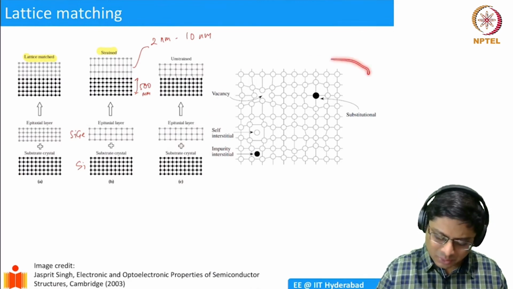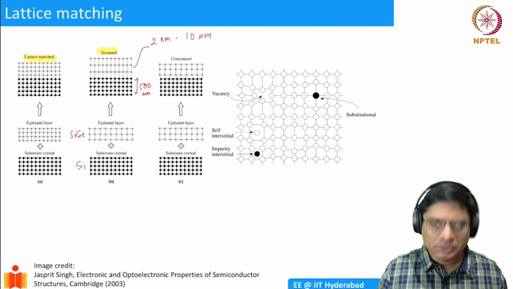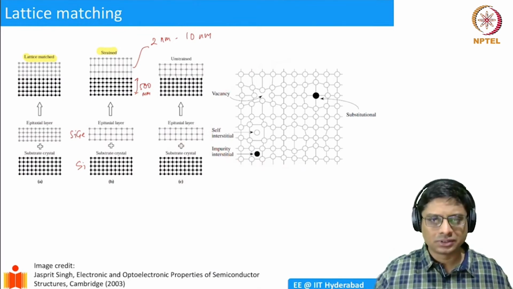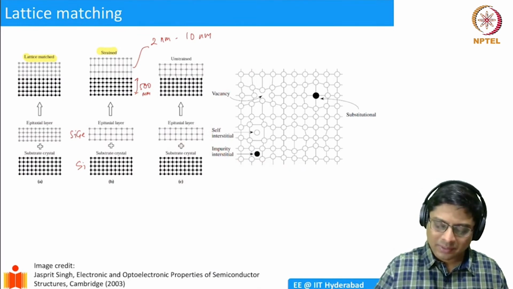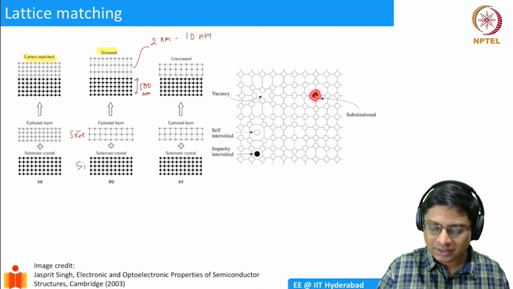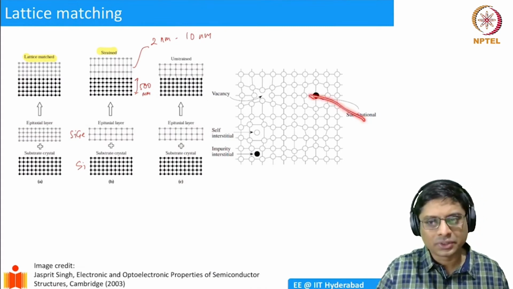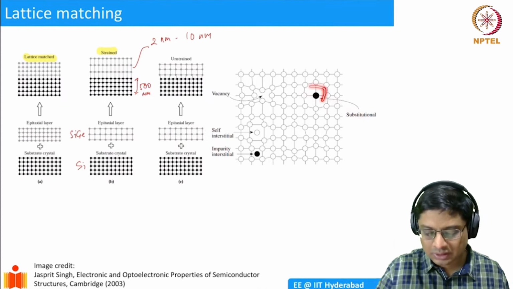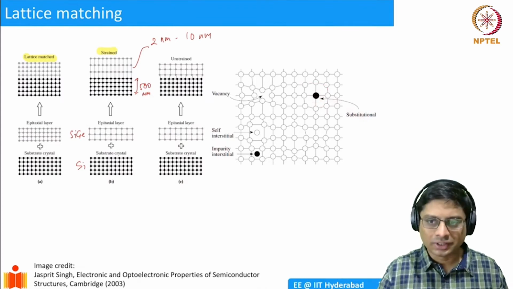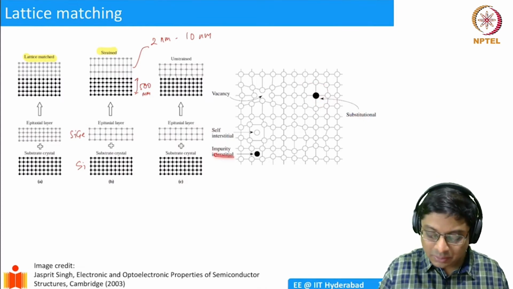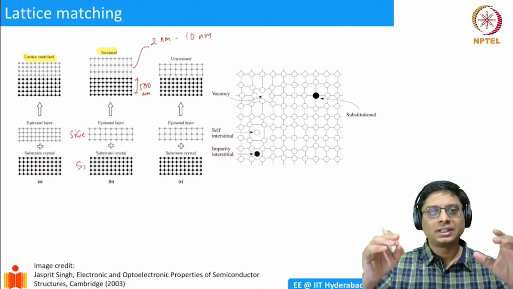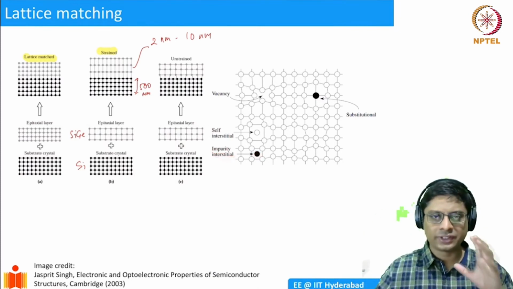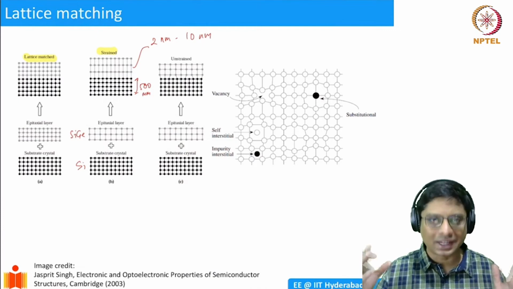you see here that this is a picture again from the same book. So you want to have a perfect, neat lattice. Instead of that, sometimes a particular lattice atom might be replaced by another atom, which is called a substitutional impurity. So because of that, the whole lattice around it is distorted. Similarly, you can have an impurity in between the lattice sites. So you saw that in a unit cell, the corners and those face centered and body centered and all that, you have these atoms.